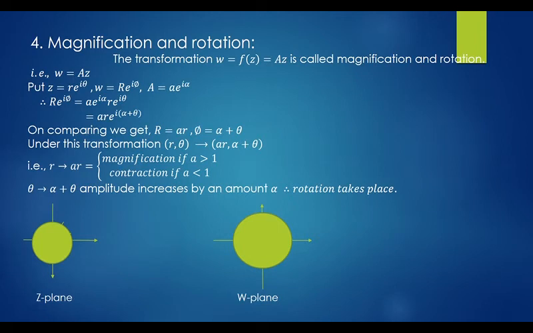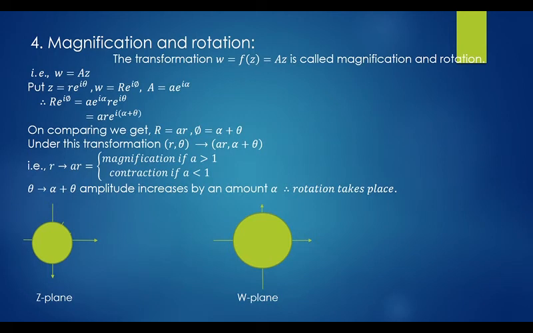We take z equal to r into e power i theta, the complex number in polar form, and similarly for W and A we take polar forms. That means W as capital R into e power i phi, and capital A as small a into e power i alpha.